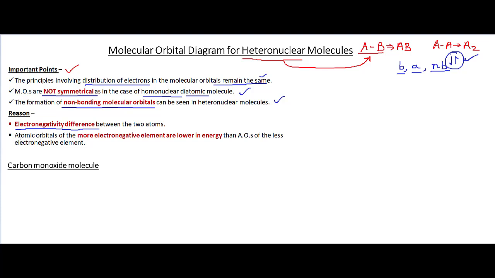The second point in the reasons says that atomic orbitals of the more electronegative element are lower in energy than atomic orbitals of the less electronegative element.